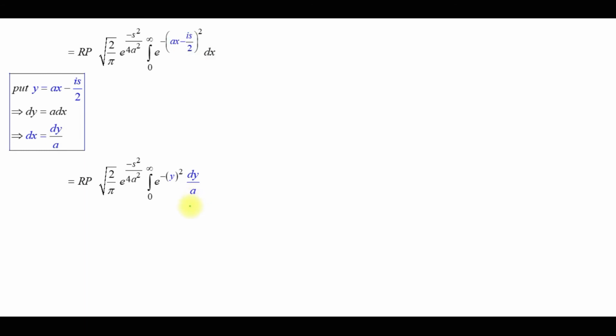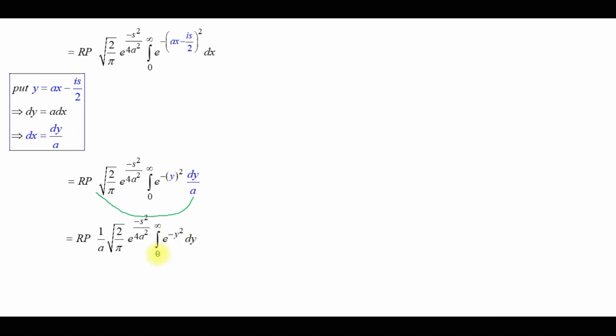So now 1 by a is constant, we take it outside, which is equal to real part of 1 by a square root of 2 by pi e power minus s square by 4a square, integral 0 to infinity e power minus y square dy. In the last problem we have seen that the integral from minus infinity to plus infinity of e power minus y square dy equals root pi. But here the limit is 0 to infinity.